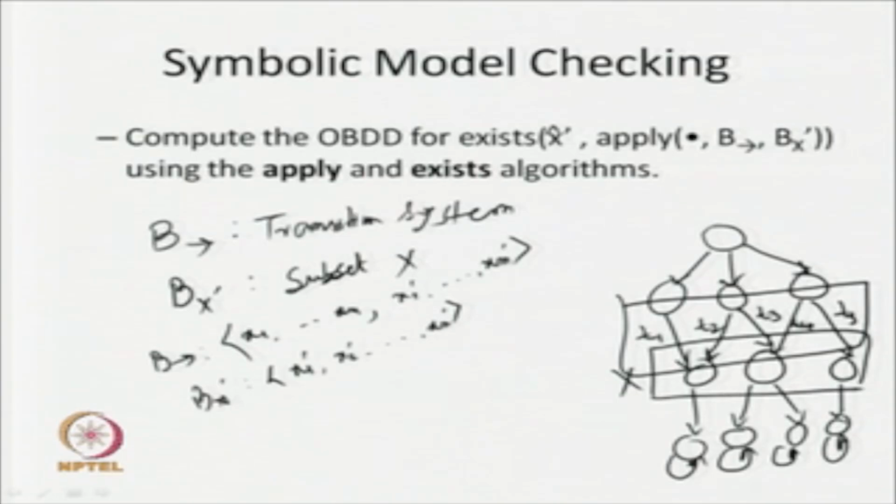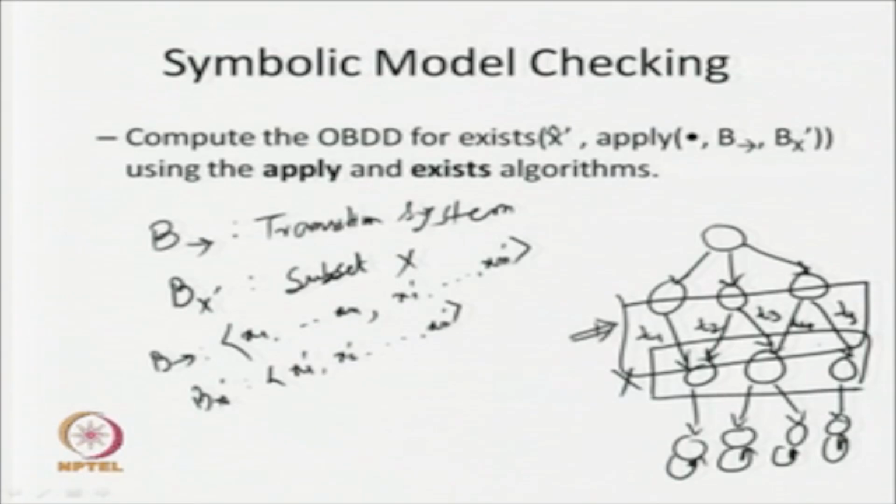In my entire BDD representation of the transition system, B arrow, I have all the transitions. Now, I have just intersected all the transitions with this particular subset. Whatever transitions are coming into this particular X are kept, since the other transitions will simply go away. So, this is an intersection operation we are doing.